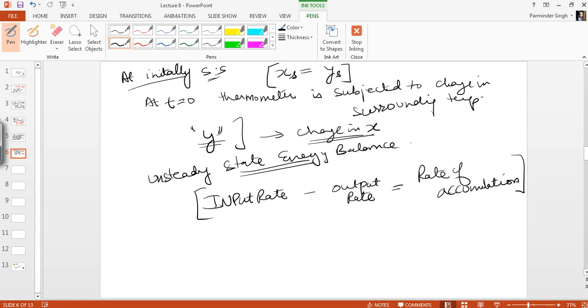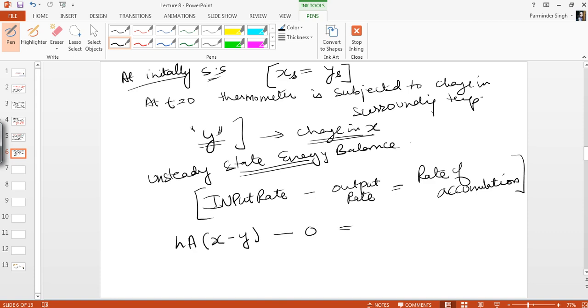Now how much heat has been transferred? So the heat input will be HA into (X minus Y). Initially it was X, now the surrounding has been changed, so the difference becomes X minus Y, that is HA delta T. There is no output, there is only input to the thermometer.